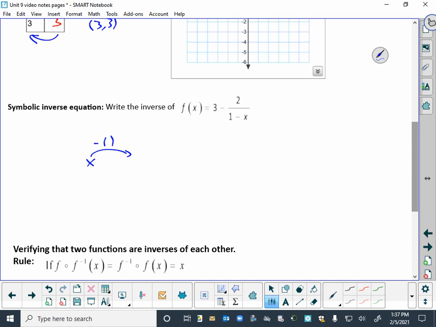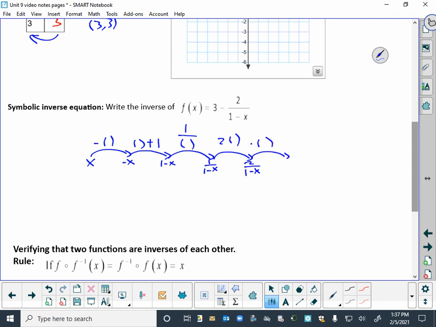So there's going to be a sign change. We're going to add 1. We are going to flip that thing over, right? I'll put the intermediate steps here for the time being. Negative x plus 1 is the same thing as 1 minus x. Flip it over. I got 1 over 1 minus x, and now I need to multiply by 2 to get that 2 in the numerator.